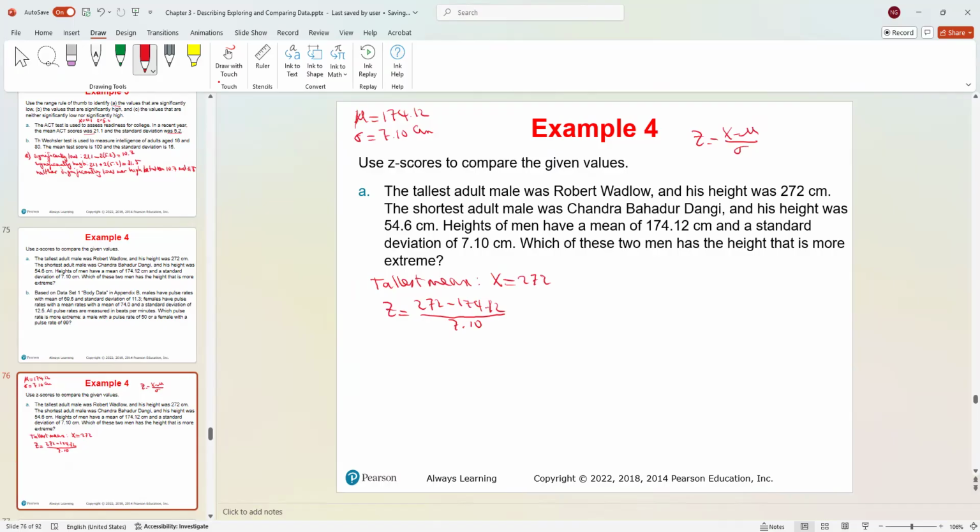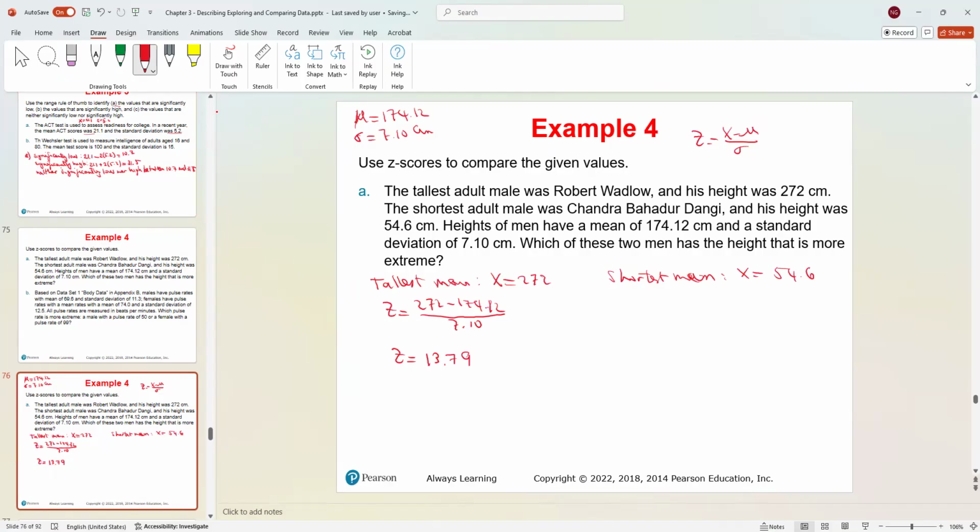So z in this case would be 13.79. And for the shortest man, we know x is 54.6.